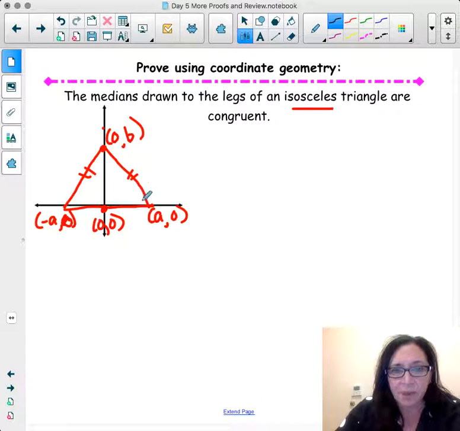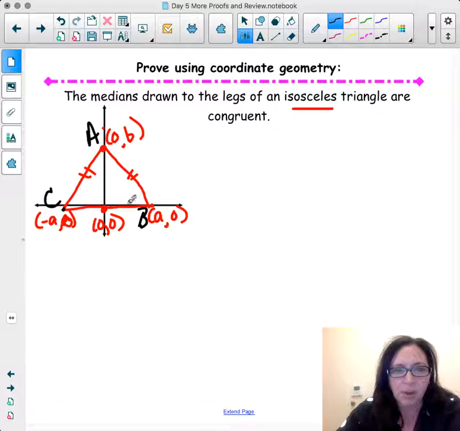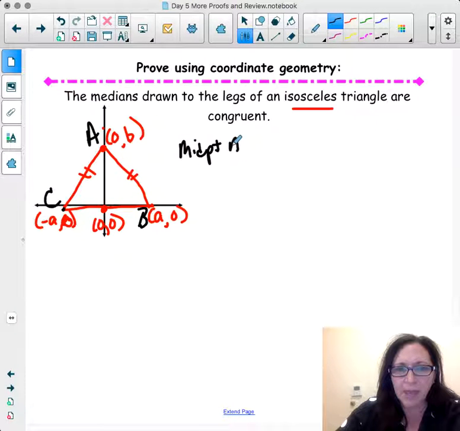But before I find my medians, I have to find the midpoints first. So the midpoint of this segment right here. It would probably be helpful if I labeled these. Let's say that's A, this is B, this is point C. So I want to find the midpoint of AB.